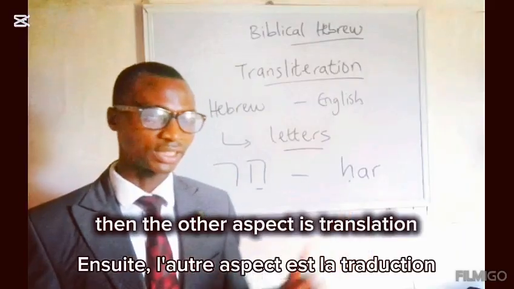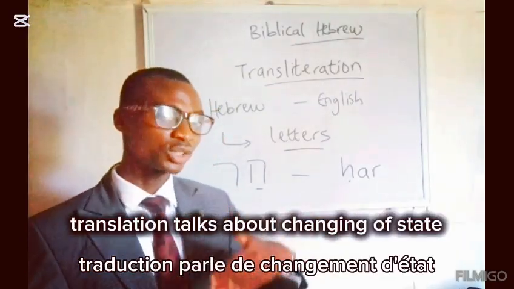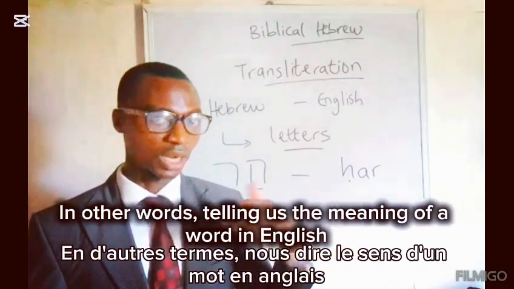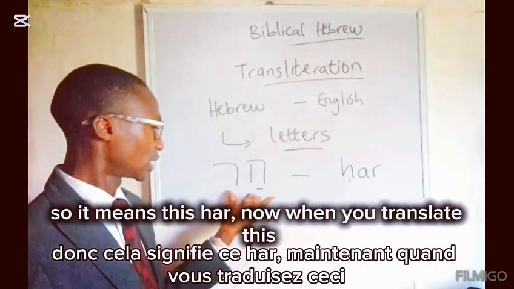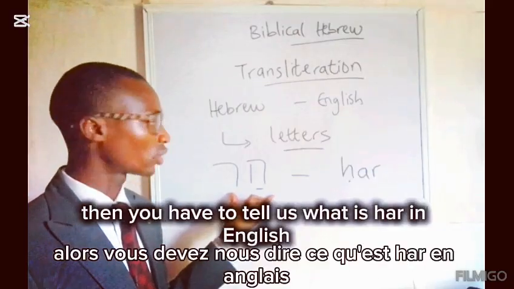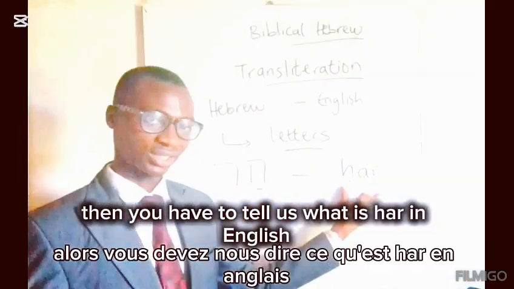Then the other aspect is translation. Translation talks about changing of state, and that is telling us the meaning of a particular word in English. So there is ha. Now, when you translate this, you have to tell us what ha is in English.